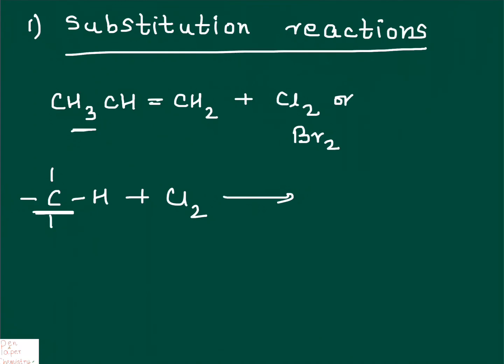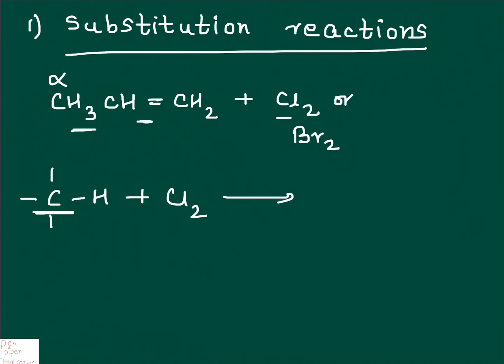So, we will need a carbon which has hydrogen atoms, but at the same time it is attached to a doubly bonded carbon. This is called the alpha carbon. So, here this will be the alpha carbon, and these are known as, yes, the allyl group.